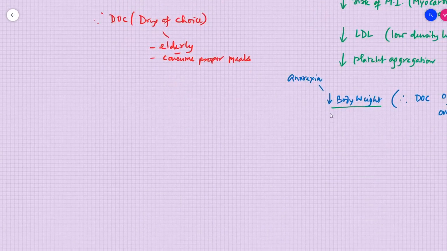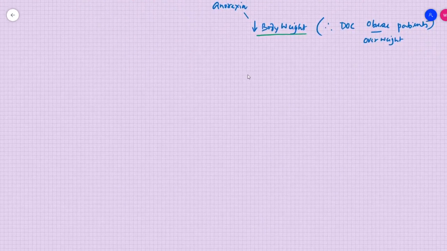Metformin has got, in addition to all these effects, an off-label effect. Okay, so let's write it down here. It has got an off-label use. Okay, meaning it's not an indication, but nonetheless it is being used for this condition.